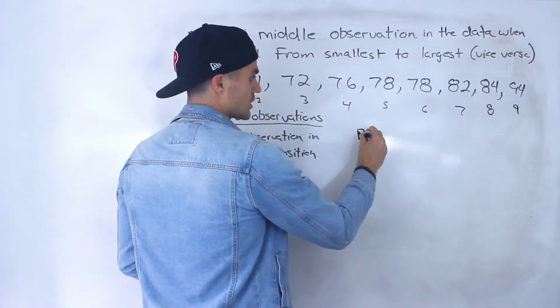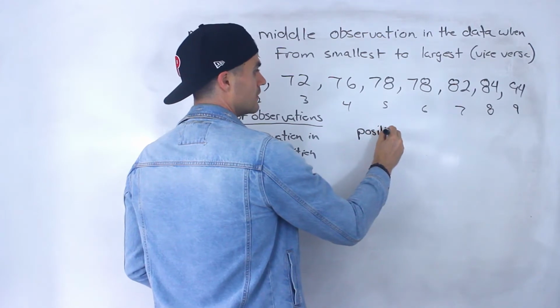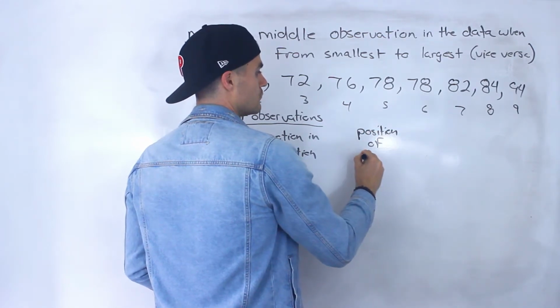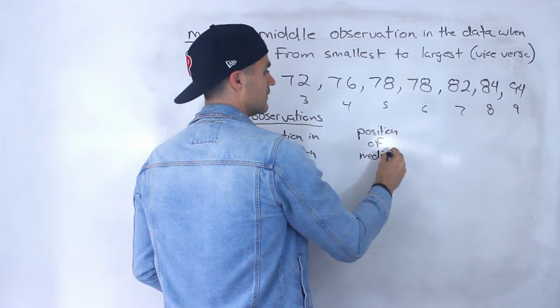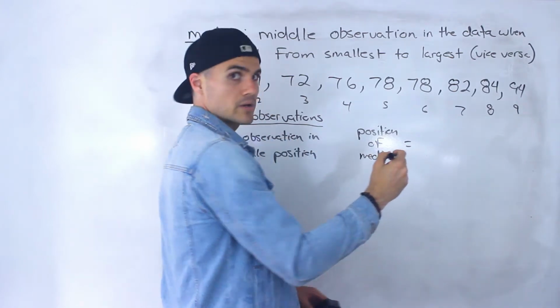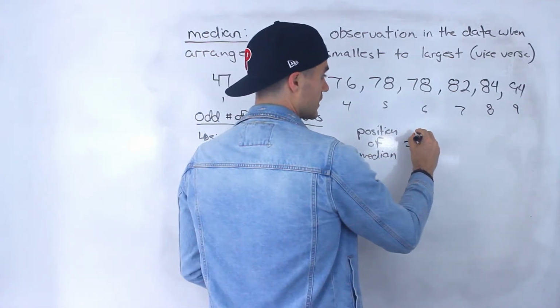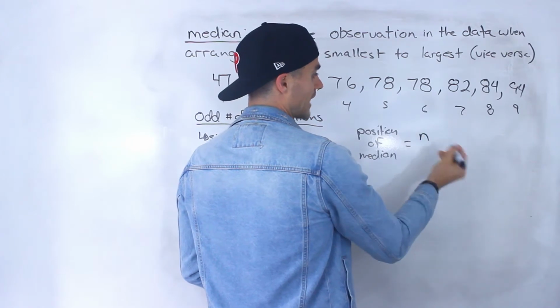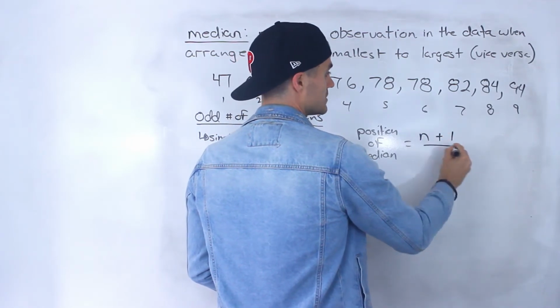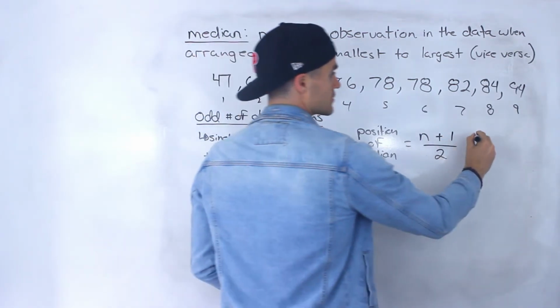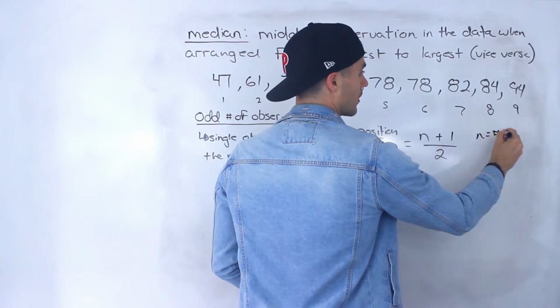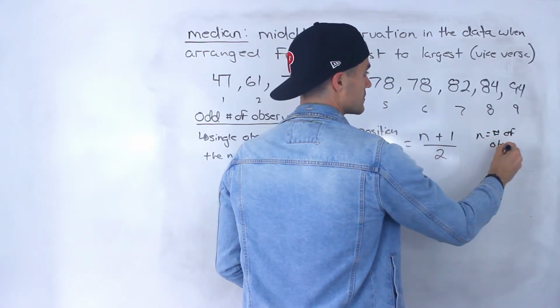The position of the median is always going to be the number of observations, let's call it n, plus 1 divided by 2. So remember, n here is the number of observations.